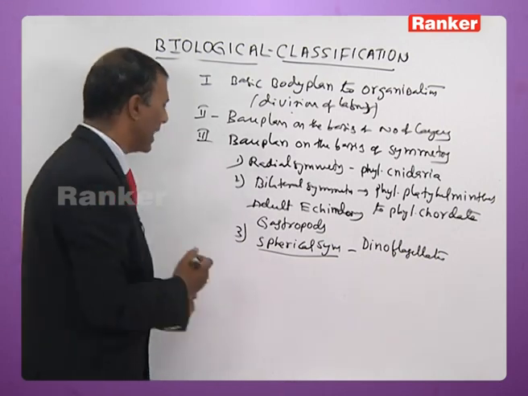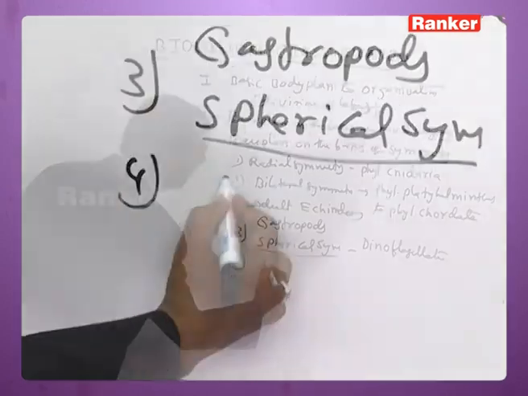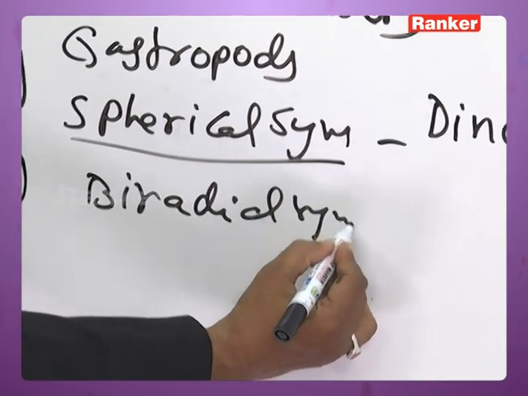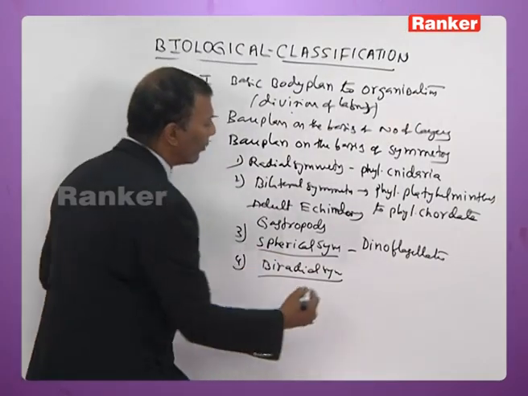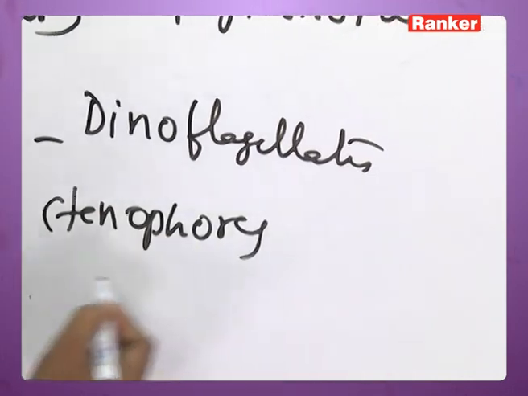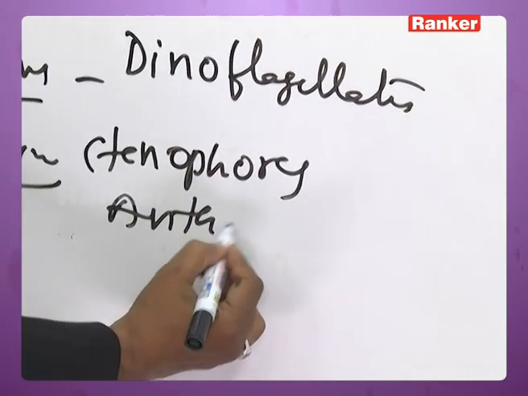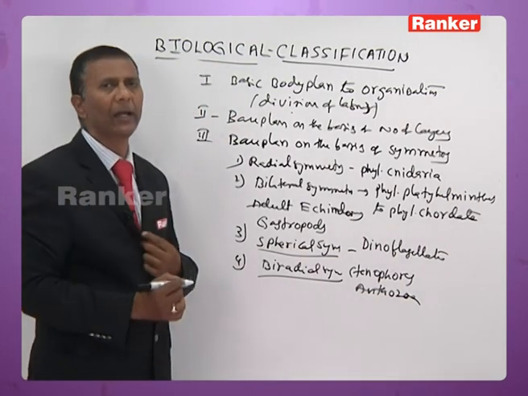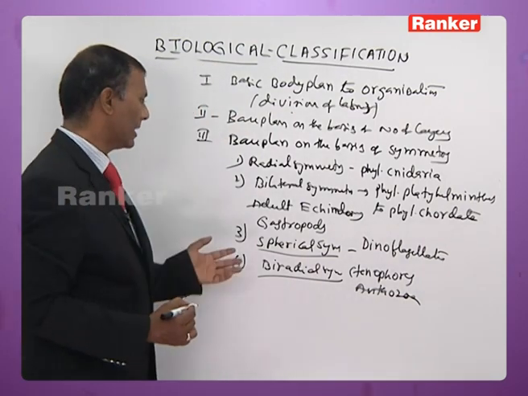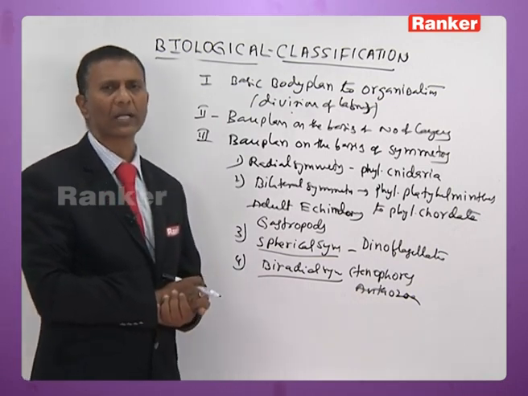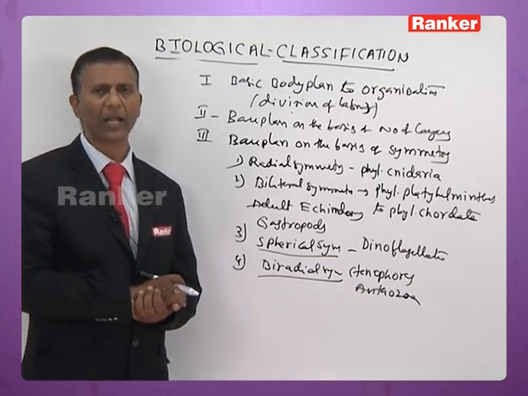The next is another type of symmetry, biradial symmetry, exhibited by ctenophores and anthozoans. So in Ctenophora and Anthozoa you find biradial symmetry.